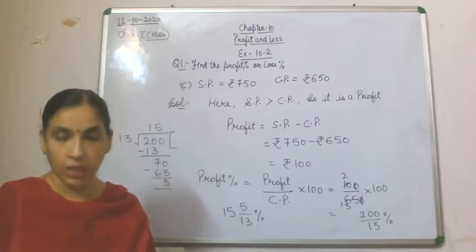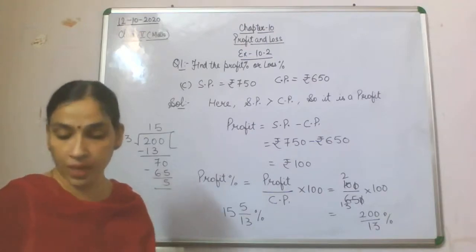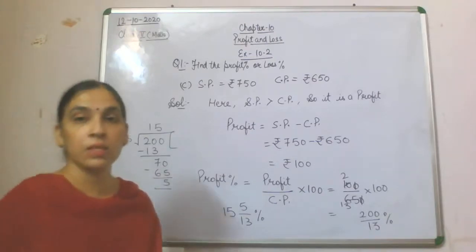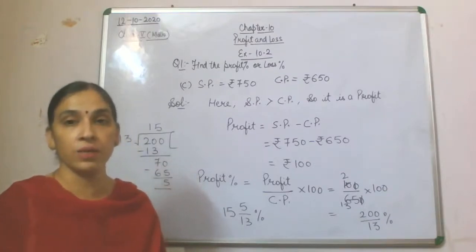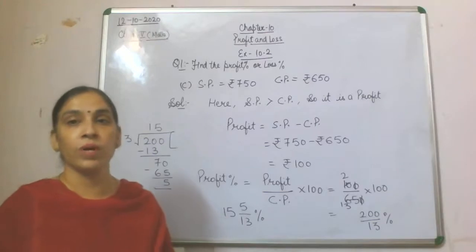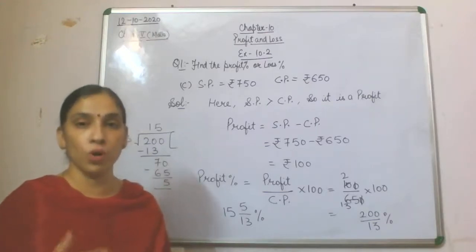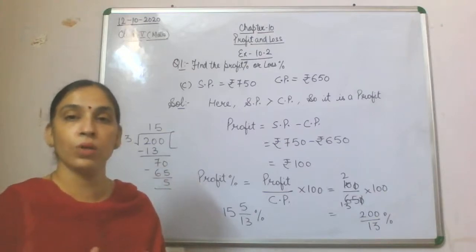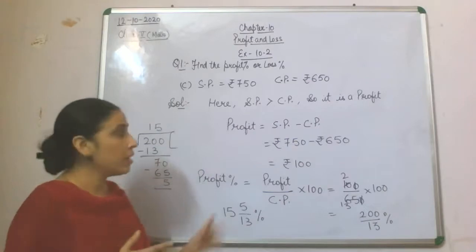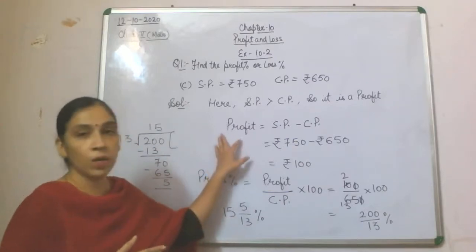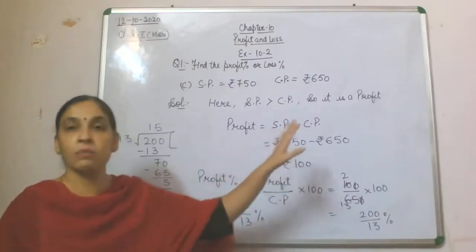So children, what we have seen today is how to find profit percent and loss percent. In this topic we did questions in which cost price and selling price are given, and you are supposed to find profit or loss first, and then profit percent and loss percent. Related to that, we have done two formulas. To find profit, we do selling price minus cost price.